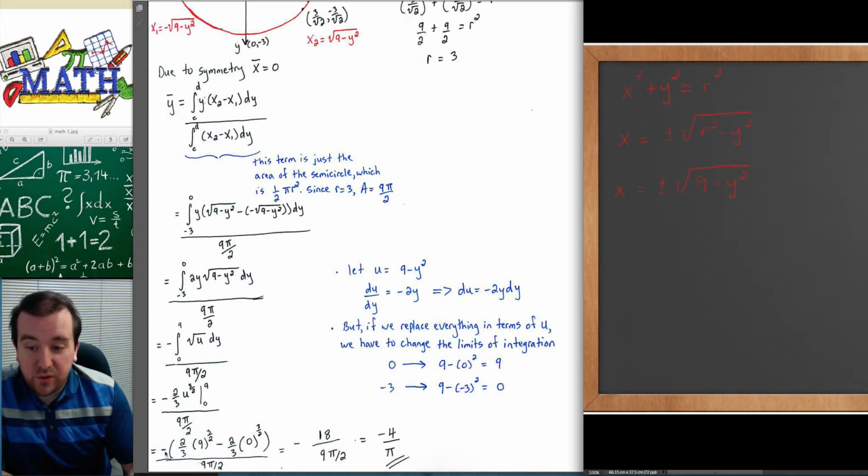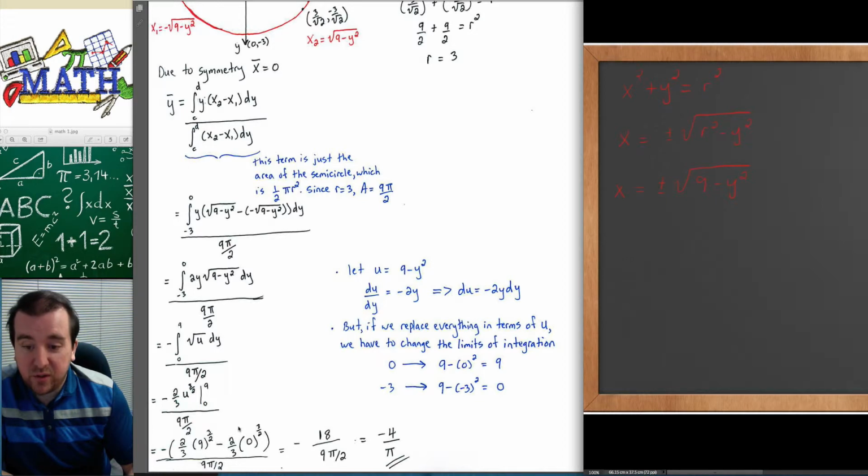The negative sign you can just factor in front, put a big bracket around everything, and then evaluate at your two limits. When I substitute in 9 to the 3 over 2, that's the square root of 9, which is 3, raised to the 3, which is 27. 27 over 3 is 9, times 2, so we get 18 here.